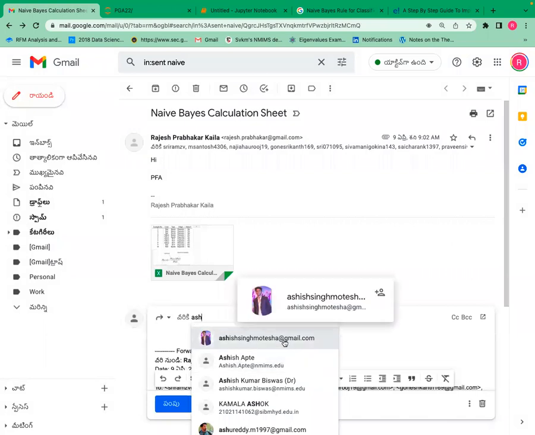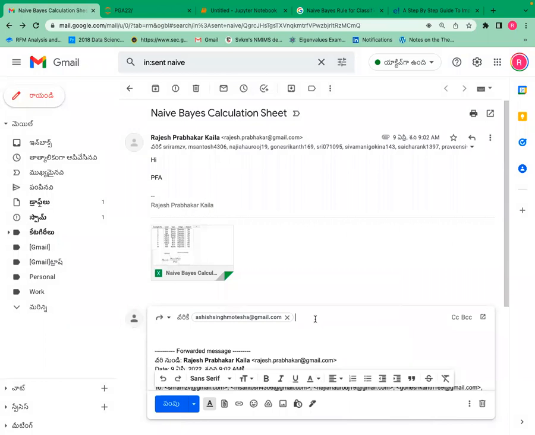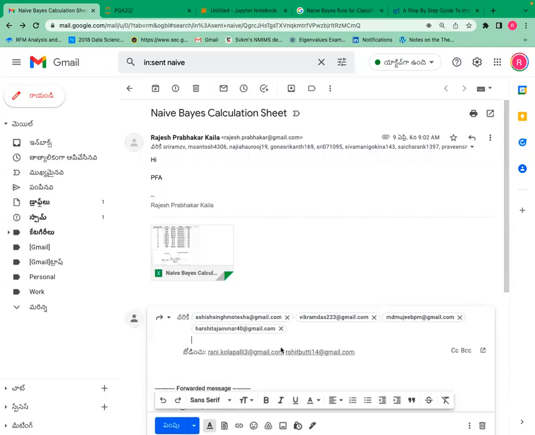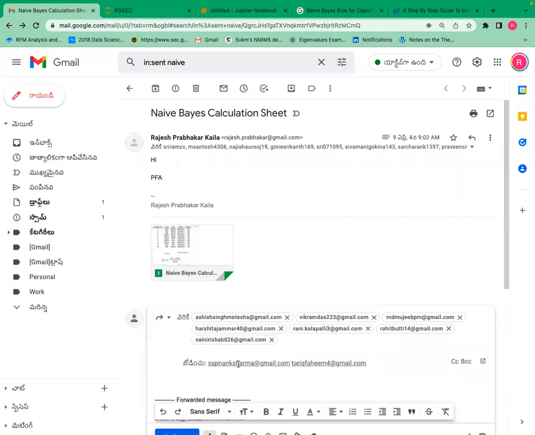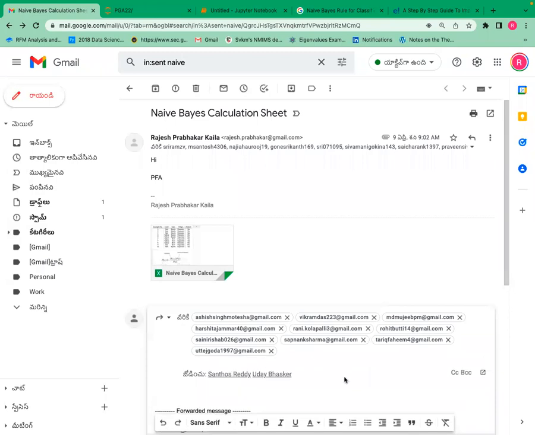This is the email ID, right? So all are covered, na? 10 people. Anybody missing here? 2, 3, 4, 5, 6, 7, 8, 9, 10.